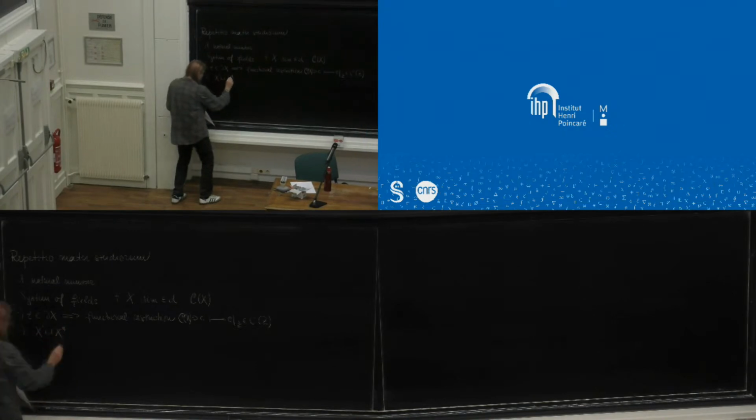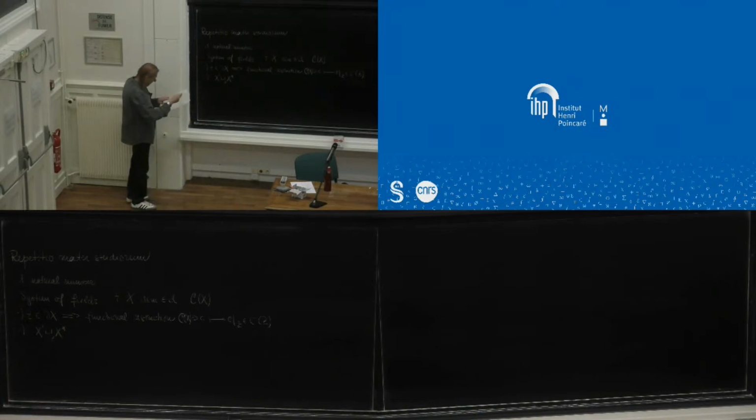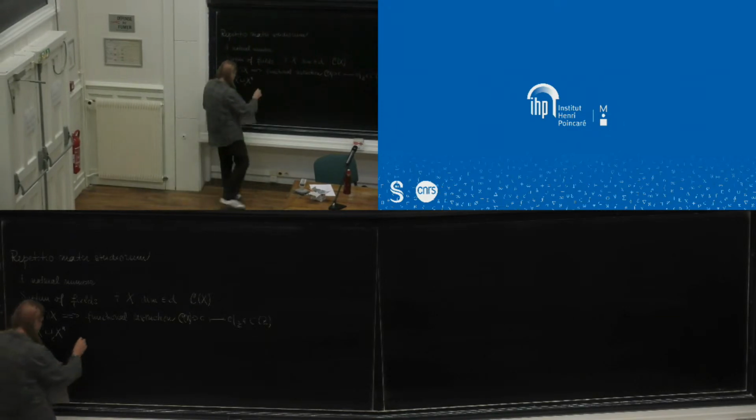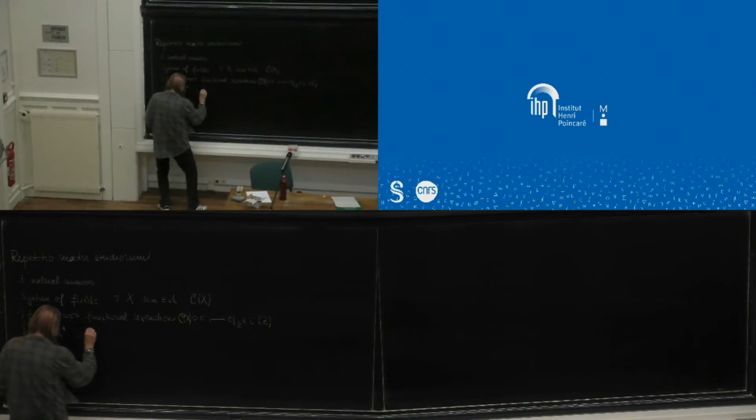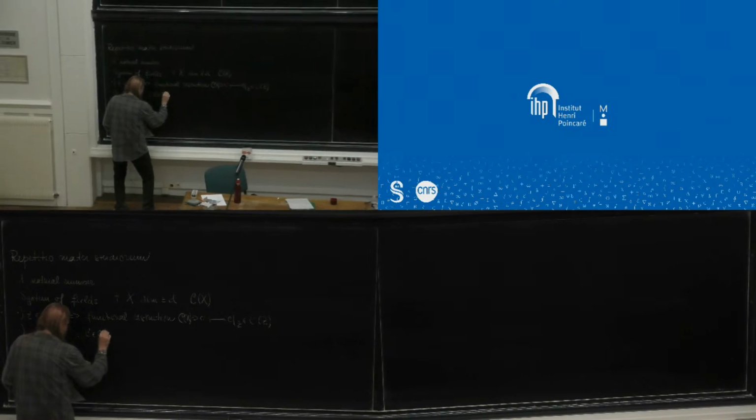So suppose that I am given a manifold which is obtained from two manifolds by gluing along some part of a boundary, and I am given fields from these manifolds which restrict to the same field on the common piece of boundary.